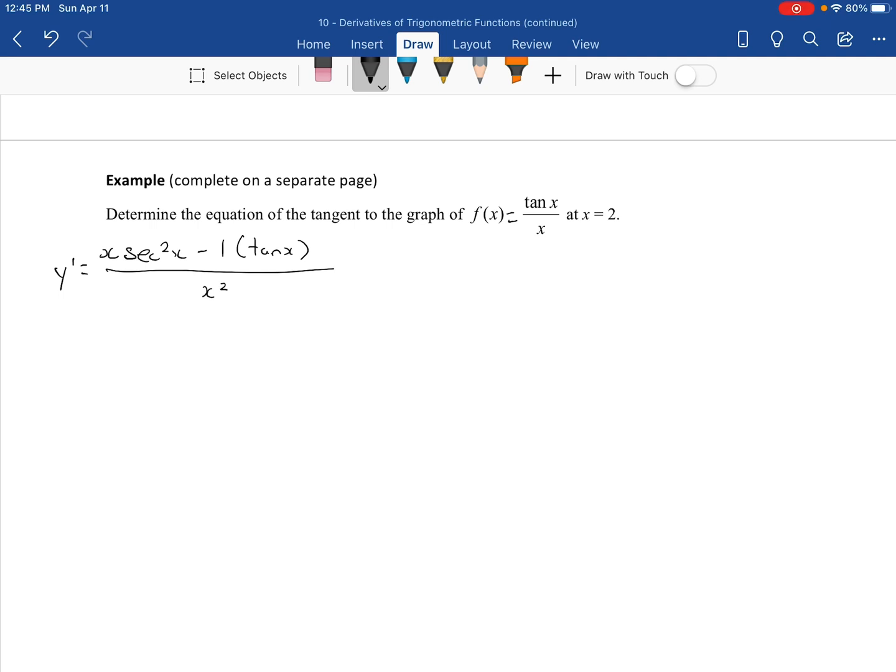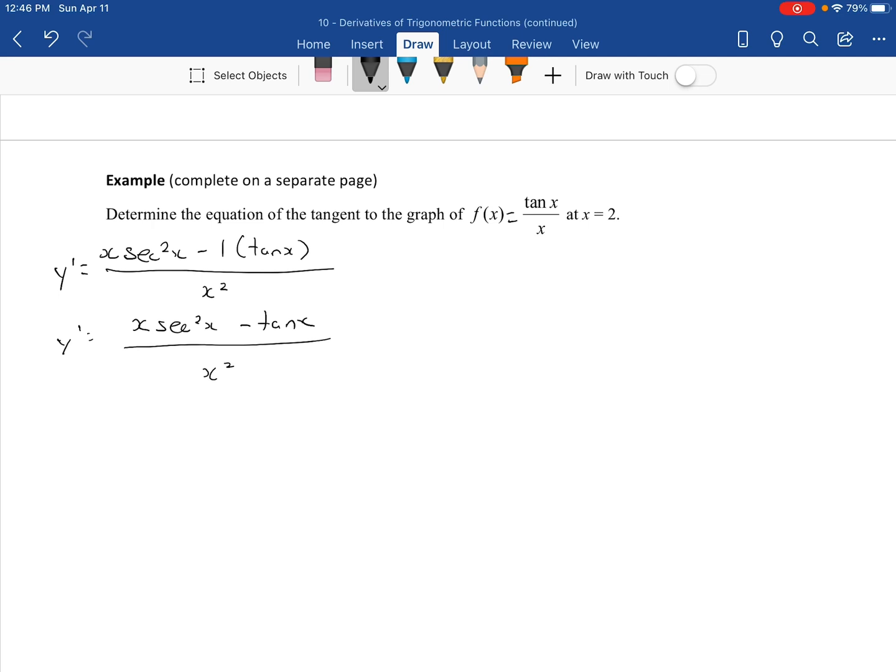the bottom squared. And so what I get here is, I can't really do too much here. x secant squared x minus tan x all over x squared is what my derivative is. We maybe could tidy that up a little bit by multiplying through by cos squared.